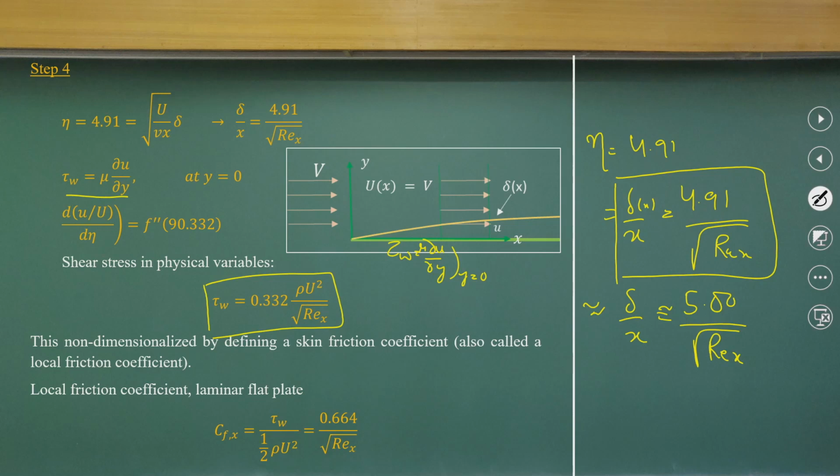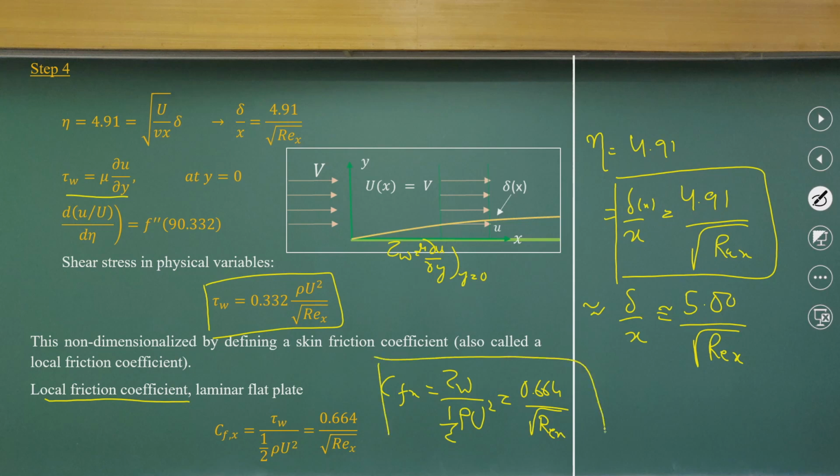And if you divide by half rho U squared, we get the local friction coefficient. Okay. So, the local friction coefficient, I am writing once again, tau over half rho capital U squared, which comes out to 0.664 over square root of Reynolds number. Okay.